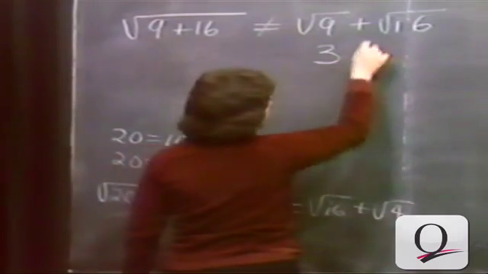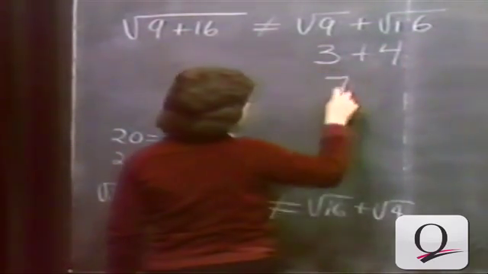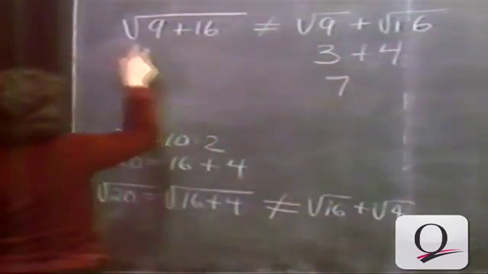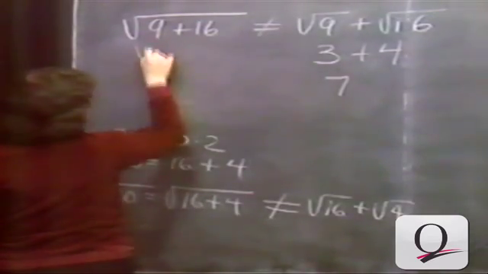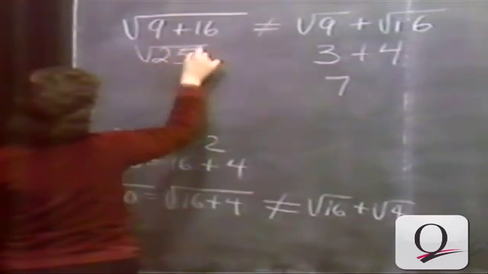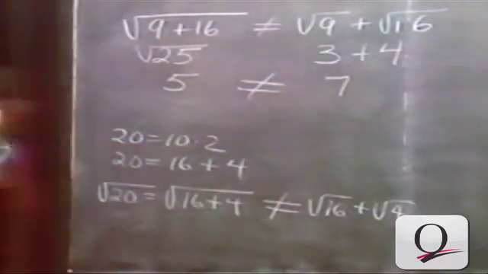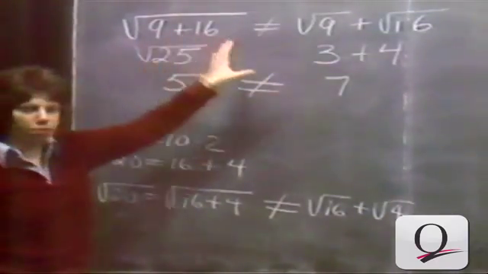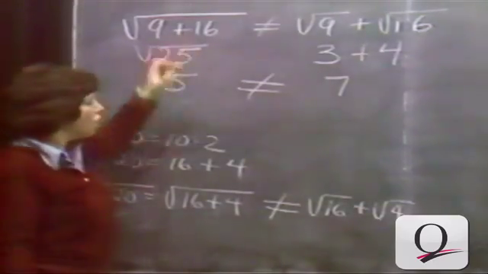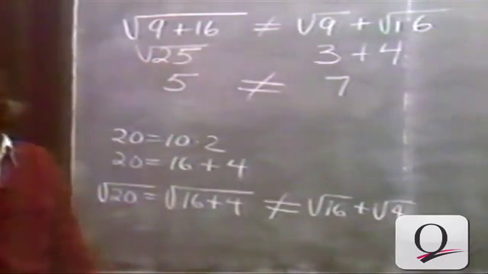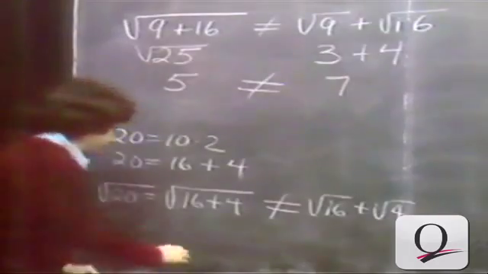The square root of 16 is 4. We get 7 on the right-hand side. On the left-hand side, the square root of 9 plus 16 is the square root of 25, which is 5. 5 is not equal to 7. We cannot break it up for addition. Only for multiplication and division, not for addition and subtraction.